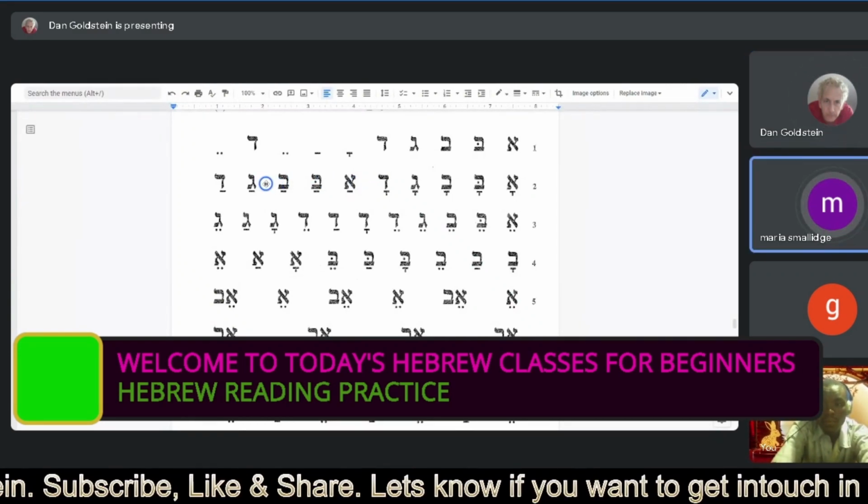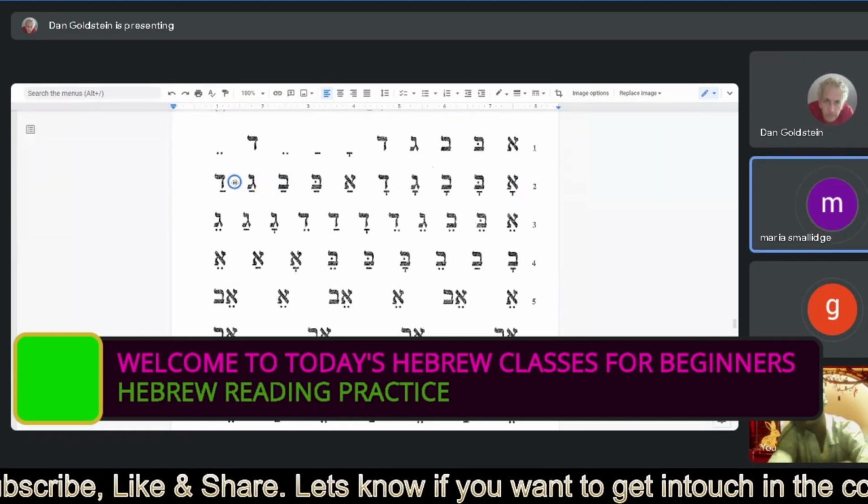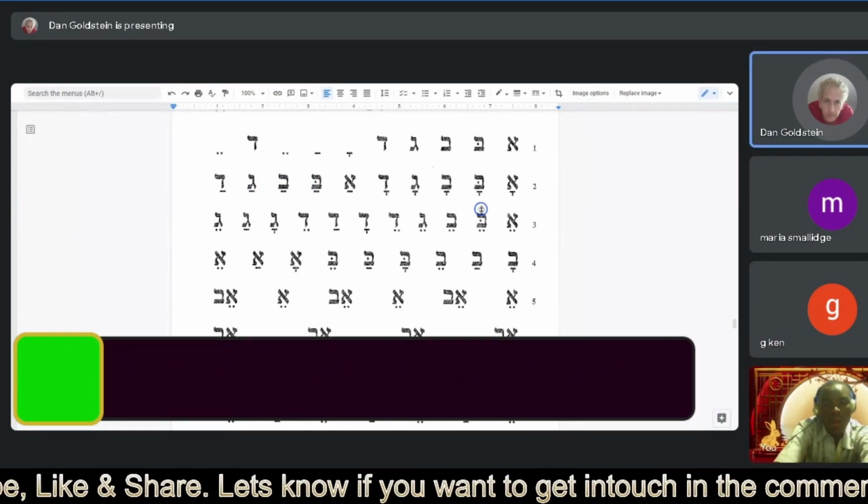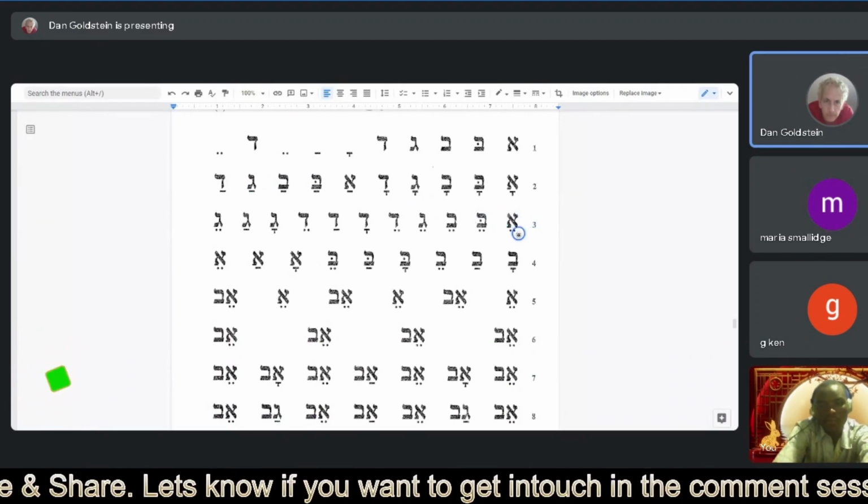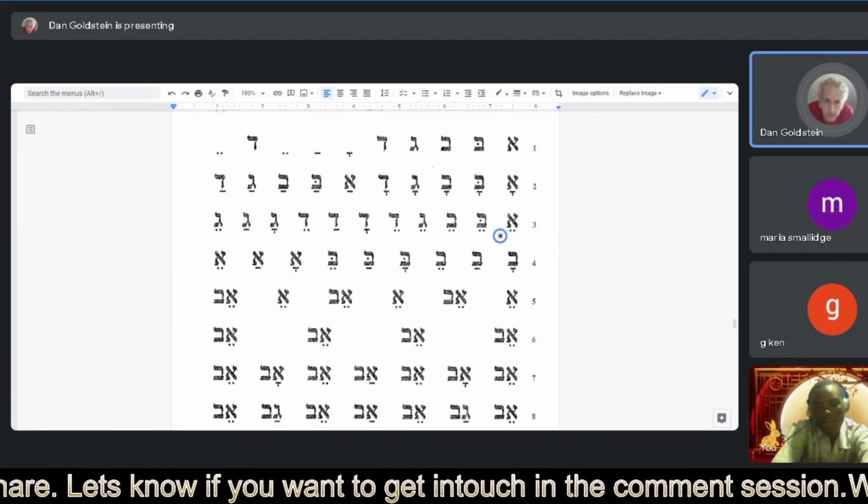Now line 3 introduces the tsere, the two dots under the letter that makes the A sound.